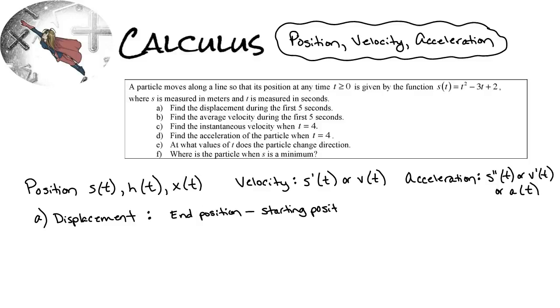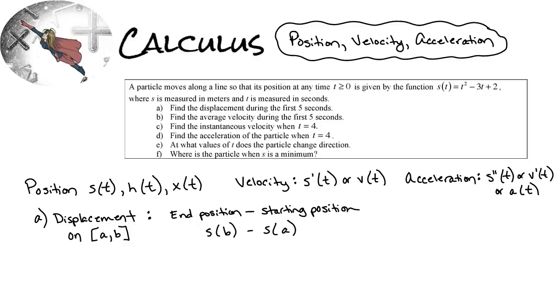That is how you find displacement. I'm going to write over here displacement on an interval, and let's just call that interval A, B. And so in a more formulaic way, end position minus starting position would be plugging in S of the second number, B, minus S of the first number in the interval, which is A.